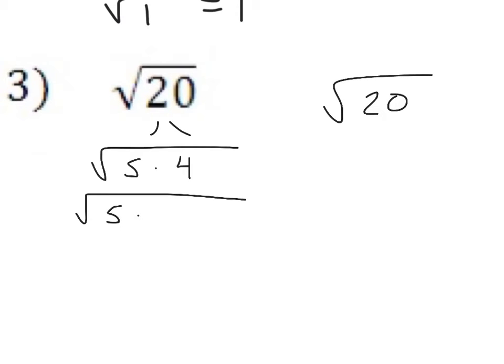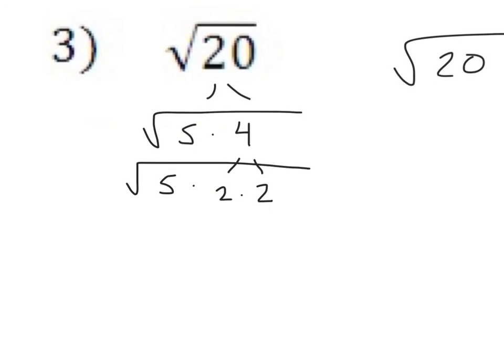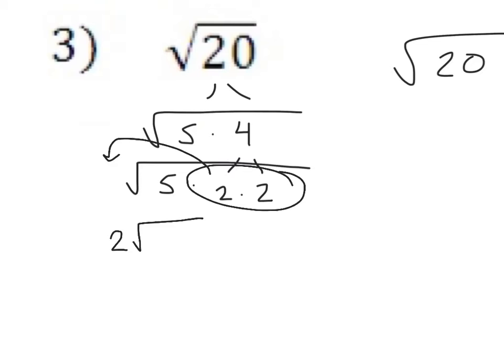No. Can we break 4 into anything? 2 and 2. Can we do anything else? No. So we have a pair of 2's that we can move to the outside of the square root. So we have 2. And what are we left with on the inside? 5.